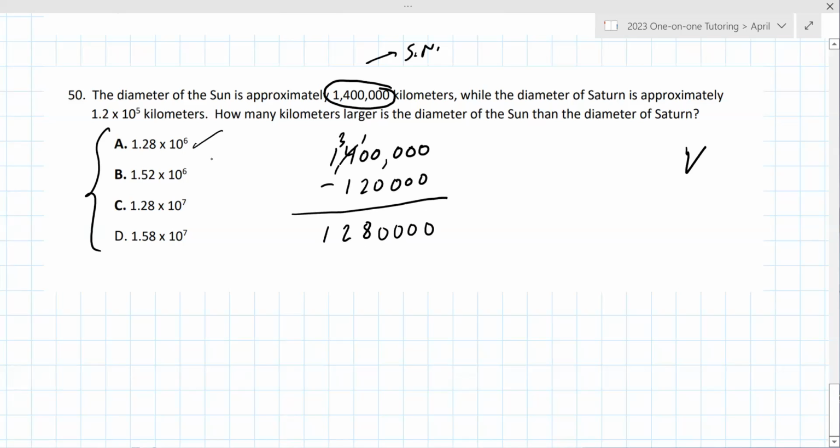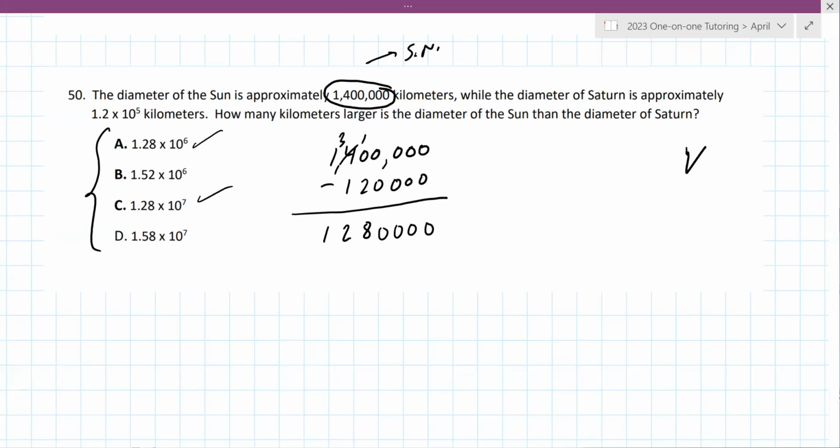So you're either 1, 2, 8 times 10 to the 6th, or 1, 2, 8 times 10 to the 7th. Times 10 to the 6th.